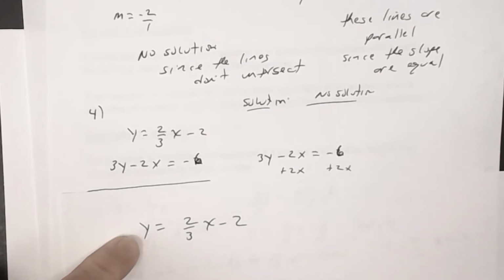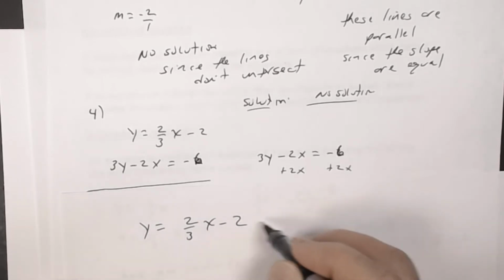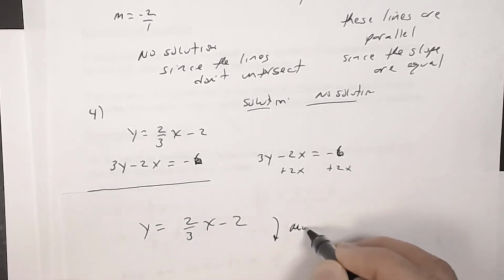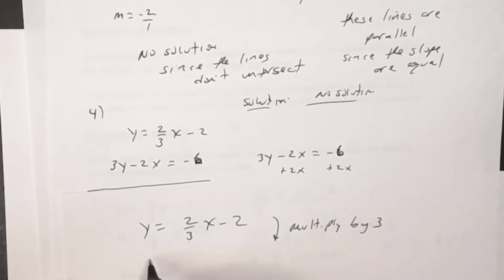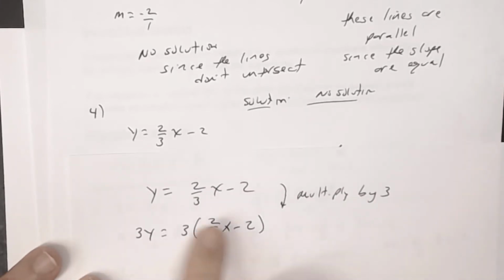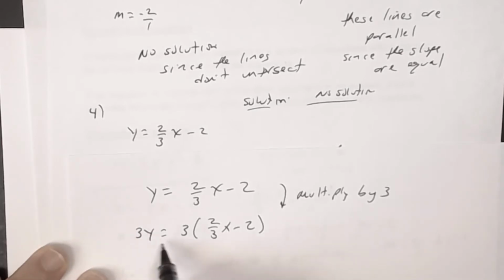So let's go ahead and multiply by 3. If I multiply both sides by 3, I get 3y equals 3 times 2/3 x minus 2, right? What you do to one side, you do to the other. Now I'm going to distribute.